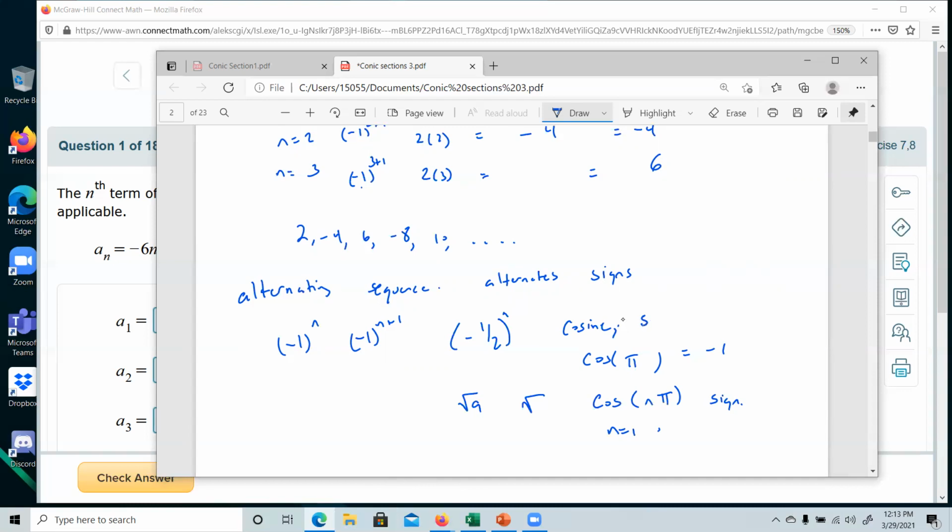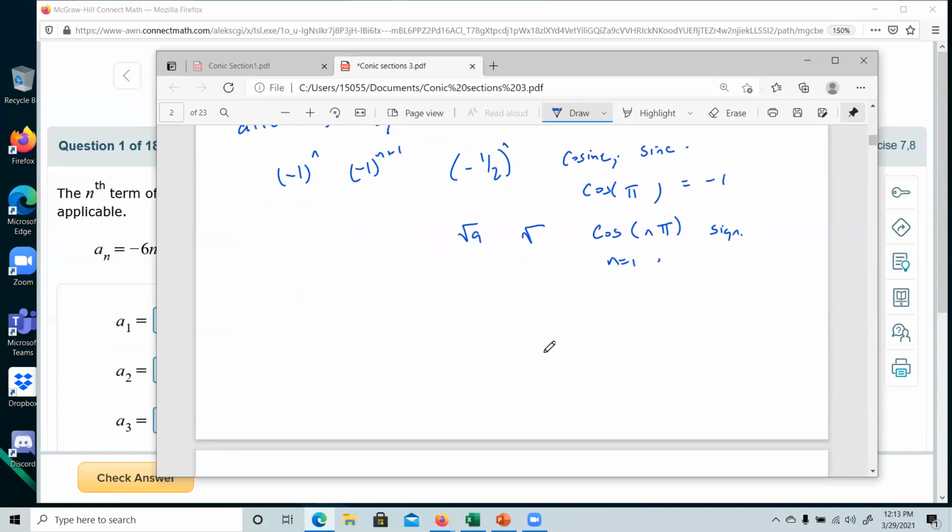With cosines, we also have sines. Again, you'll get to that when you get to trig, but until then, that'll work. So just letting you know, there are other ways of writing alternating series than just -1 raised to a power. You'll see this as well.